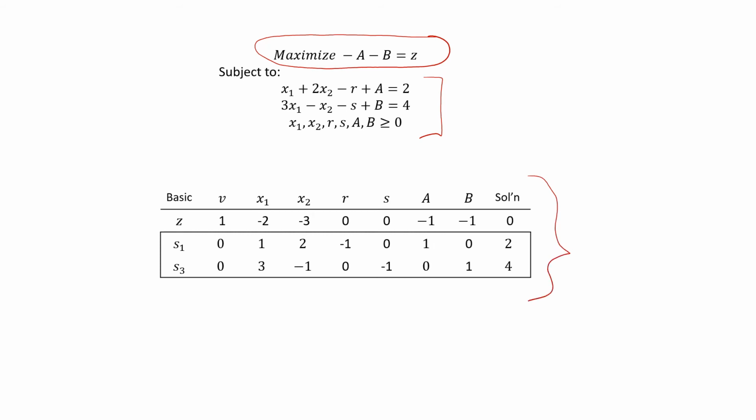Now, what are we going to do next? Again, we have the issue where our basic variables appear in our objective function. So we're going to do that same trick. We're going to use our constraints, which are now equalities, to get rid of them out of there.